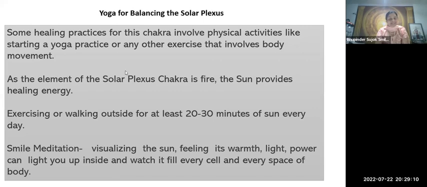So exercising or walking outside for at least 20-30 minutes in the sun every day, morning time, is very good. Smile meditation, visualizing the sun, feeling its warmth, light, and power can light you up inside, and watch it fill every cell and every space of the body.